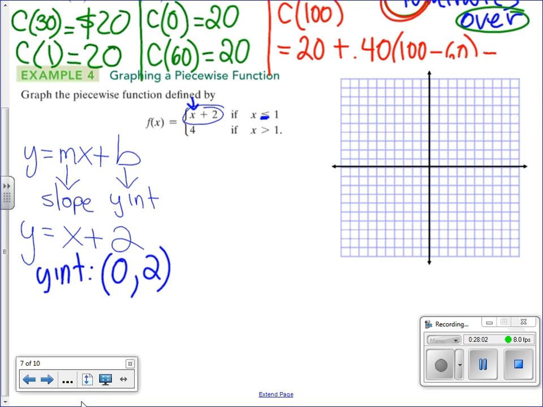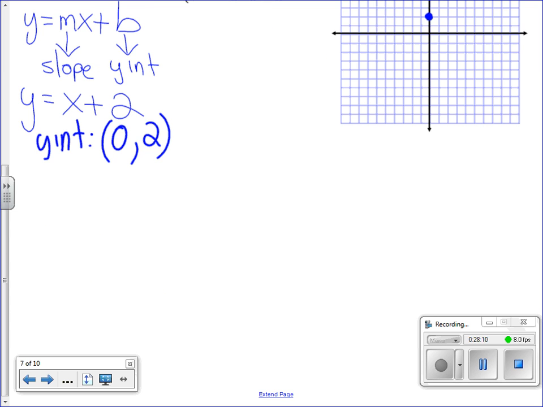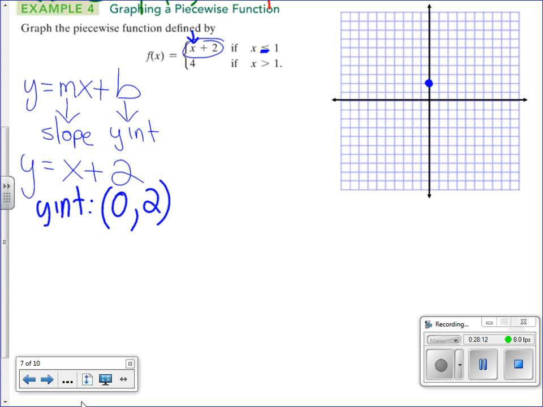Thank you, Ezekiel. So 2, 0, right there. I mean 0, 2. All right, what is the slope of that function? Remember, the slope is the coefficient of the x. 1. So the slope is a 1. And if I wanted to represent a rational number, that would be 1 over 1, right?